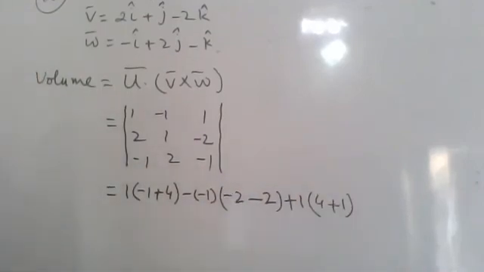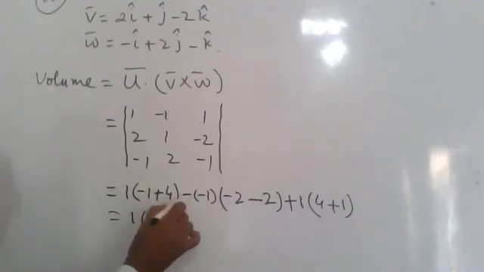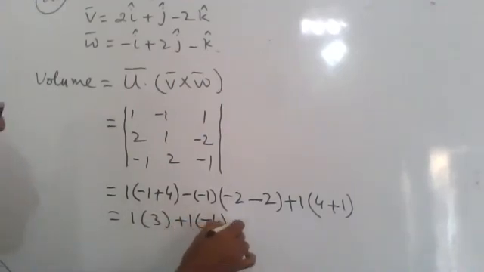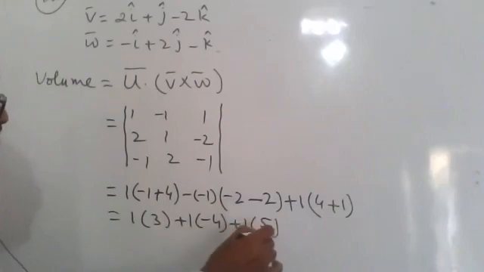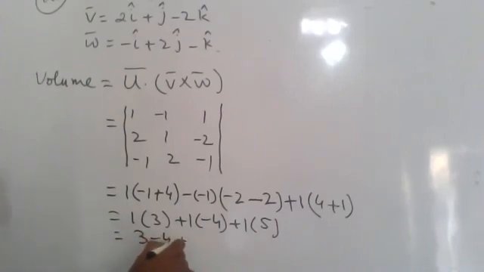This will become 1 into 3, minus minus plus 1 into minus 4, plus 1 into 5. It will become 3 minus 4 plus 5. The answer is 4.